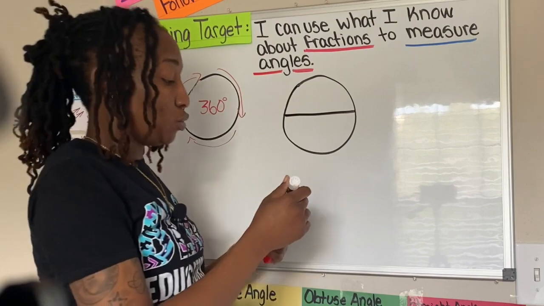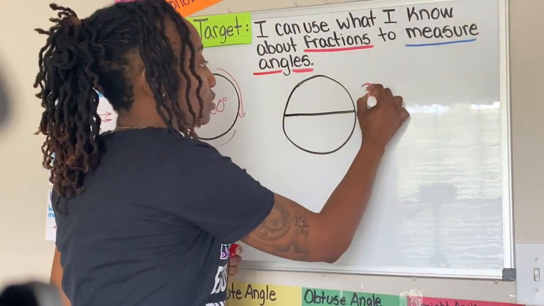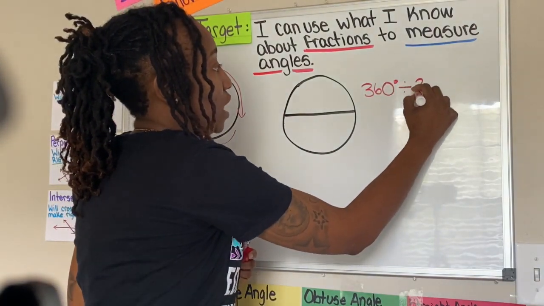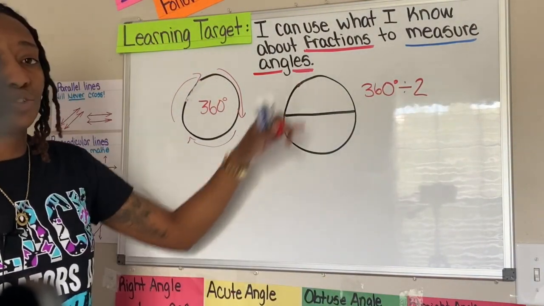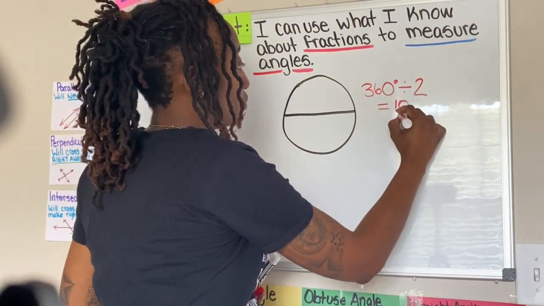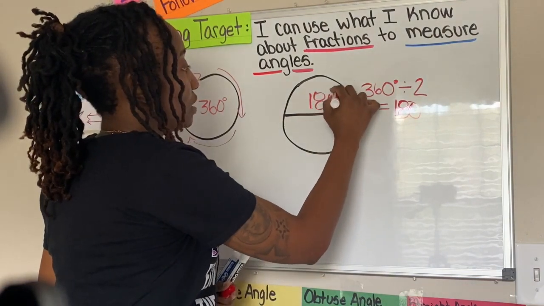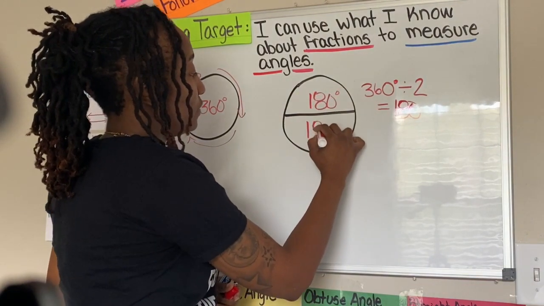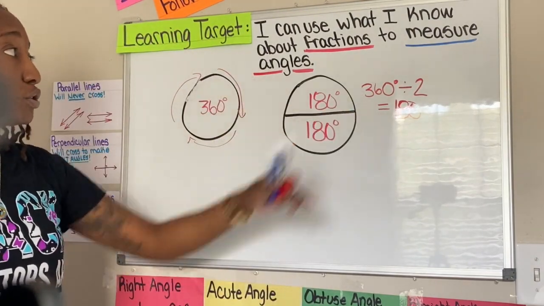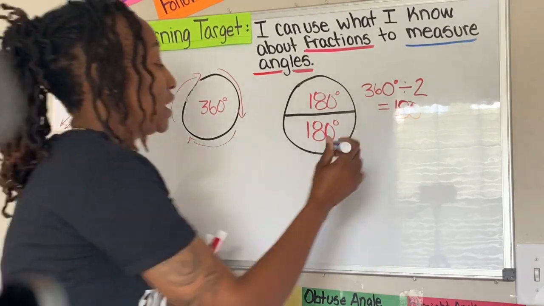In doing so, I'm taking that 360 degrees and dividing it into two halves. So each half of that circle would be 180 degrees. This fraction would be 1/2.